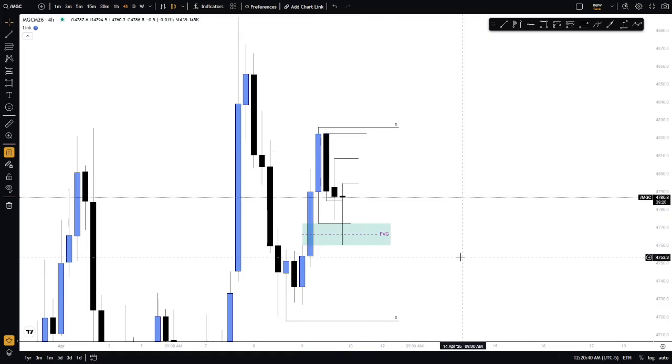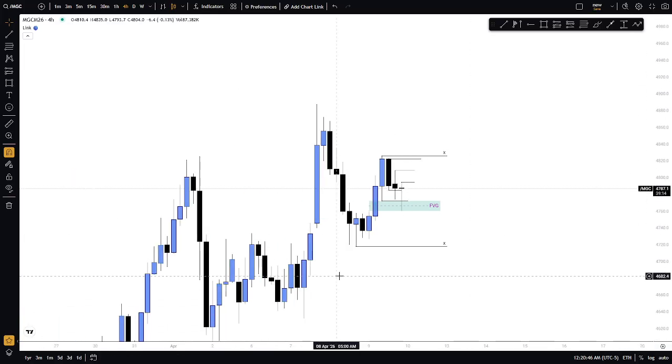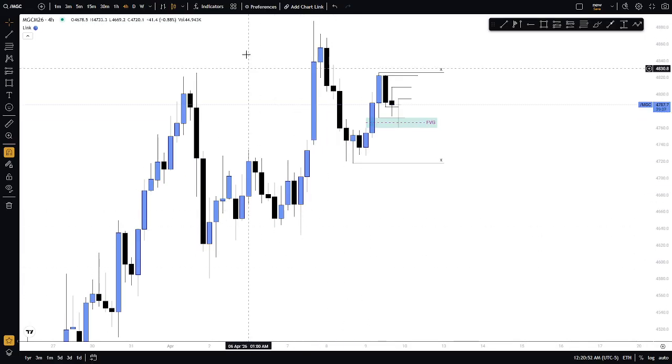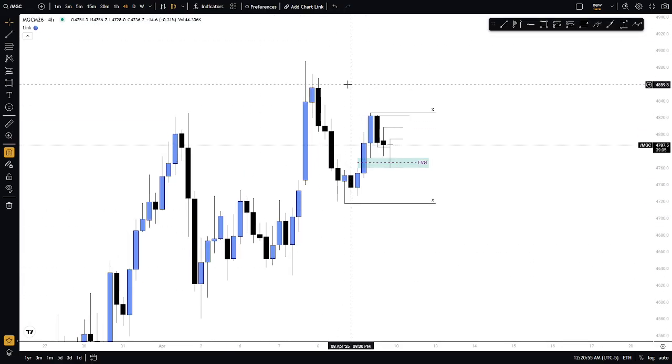So what we're noticing now on the charts is price has been bullish from April 7th. It created a higher low, created a higher high, and traded back down to create a higher low.